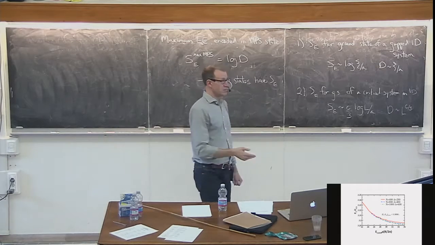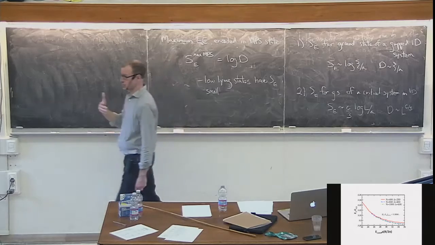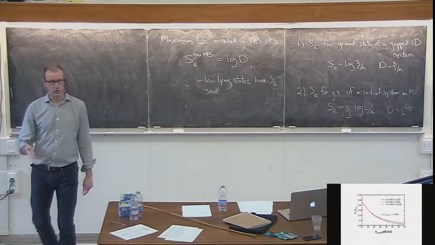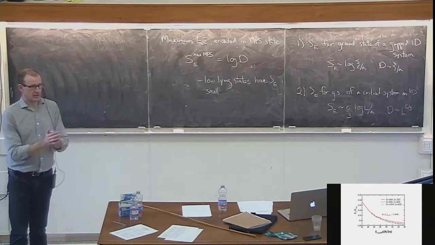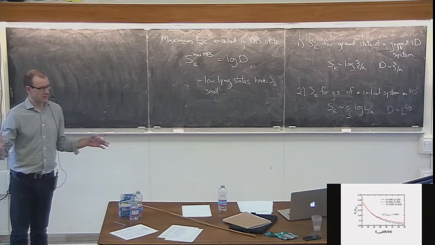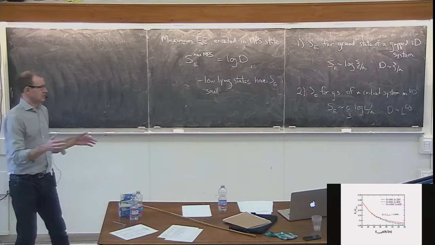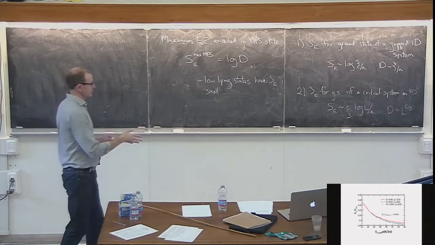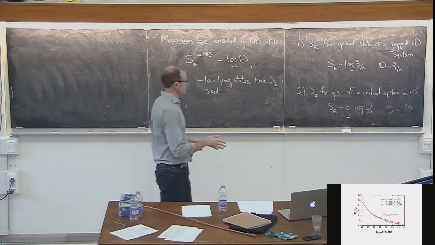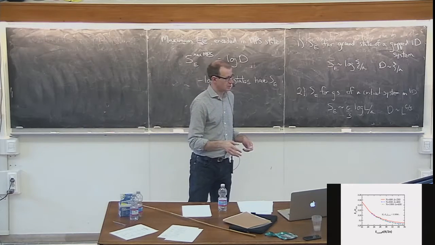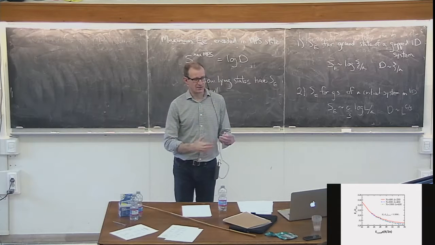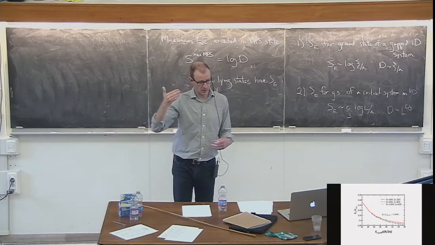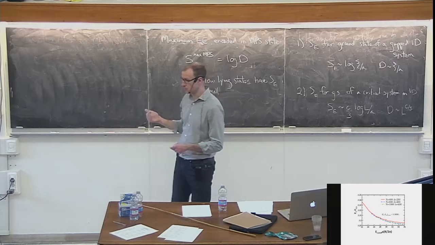The states in the middle usually have volume law entanglement, so that their entanglement scales with system size. So that's bad for MPS representations.